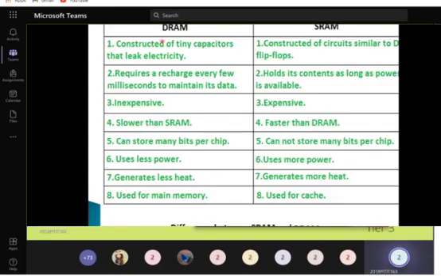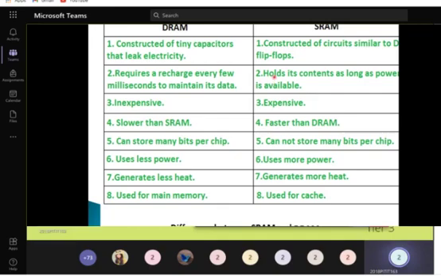So what is the difference between DRAM and SRAM? DRAM is constructed of tiny capacitors that leak electricity, but SRAM is constructed of circuits similar to D flip-flops. DRAM requires a recharge every few milliseconds to maintain its data, but SRAM holds its content as long as the power is available.